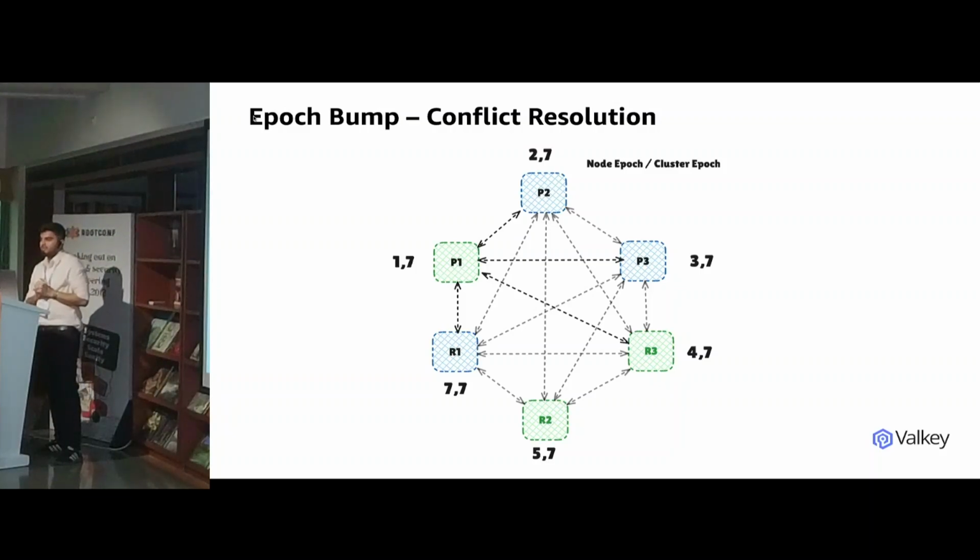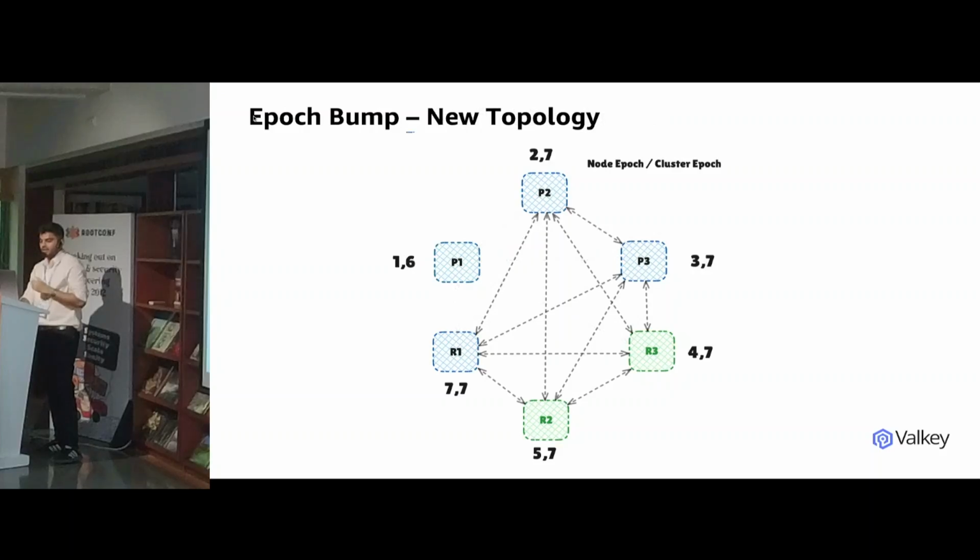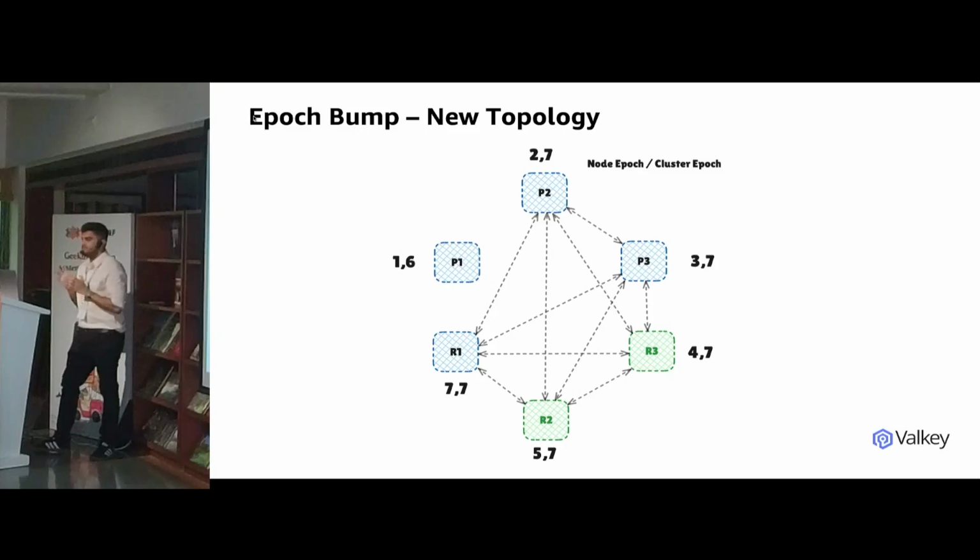Yes. So for split brain scenarios as well, this helps, where the cluster which has a majority of primaries would have a higher epoch, because epoch bump happens only once for a particular request, like we saw in the previous slide. So the side which has more primaries, basically forming a quorum, can only bump the epoch.